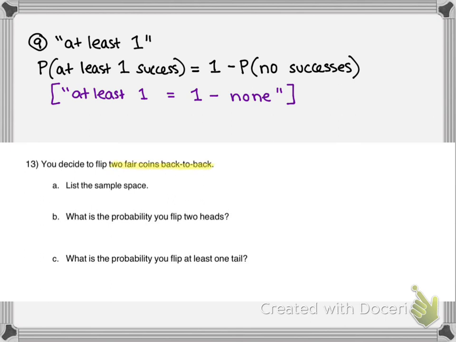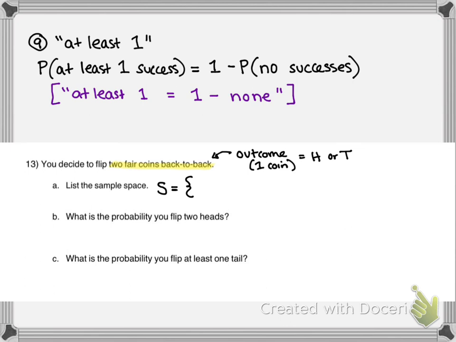So we did this on the very first page of the packet. One possible outcome for 1 coin, we used the idea of it would be heads or tails, and we used the letters H or T. So you can either look at the first page of the student packet, or we can think about the sample space in terms of flipping 2 at a time.